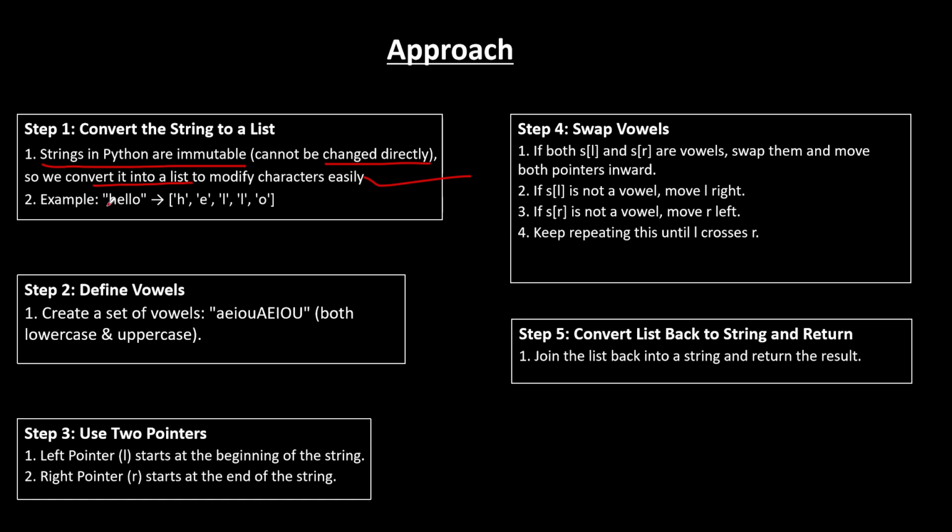The string HELLO is given here. We cannot modify it directly in Python because it's a string, it's immutable, that's its property. So we convert it to a list, which is HELLO in an array format. This is the first thing we solve: we convert a string into a list so that we can go further with our problem.